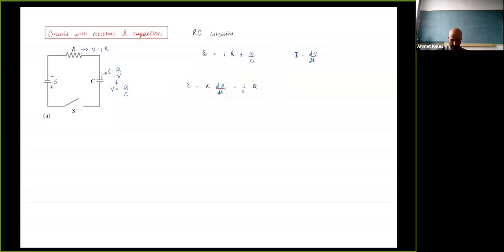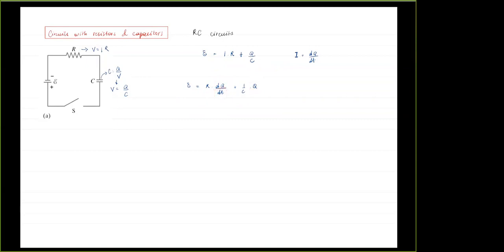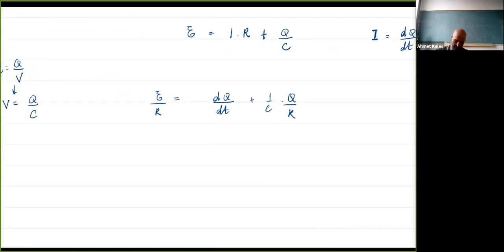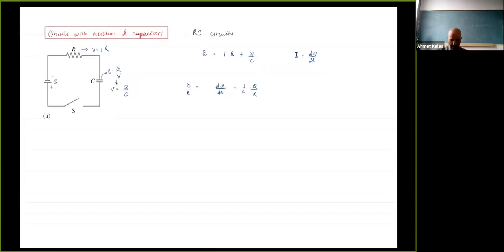So how can I do this? I want to separate all the things with the Q from all the things with the t, and I can have some overall constant. So the first thing I want to do is divide everything by R. So this is R, this is R, and now I can delete this R. I'm trying to put everything with Q on one side, everything with t on the other side.